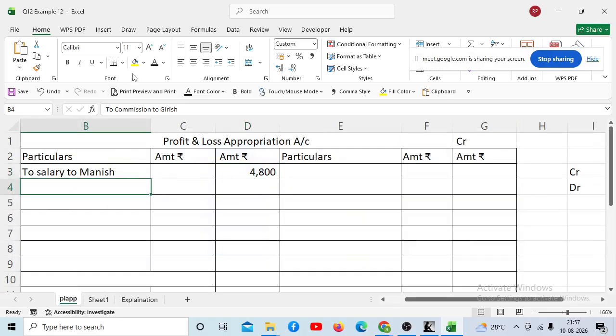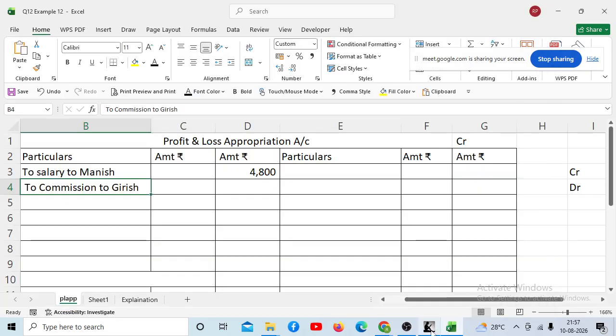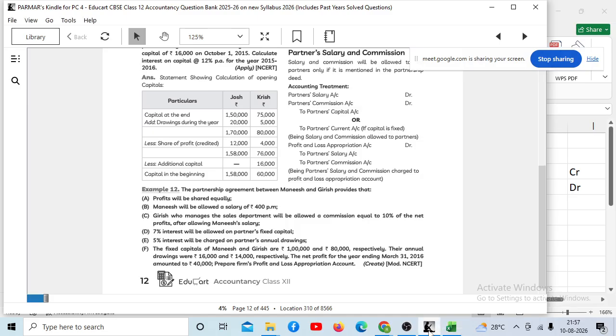So we will write it on the debit side, to commission to Girish. Now see how it will be calculated. They are telling, a commission of 10% of the net profit after Manish's salary. What is the net profit?